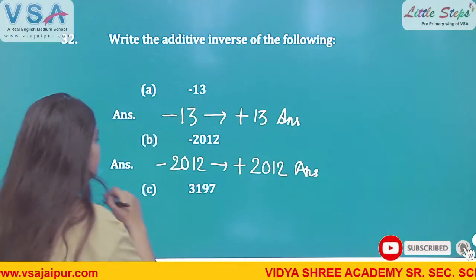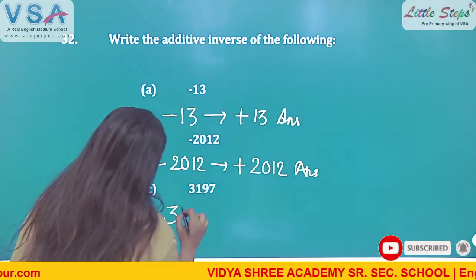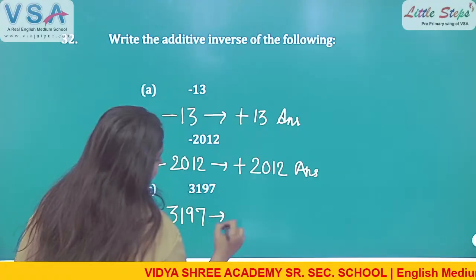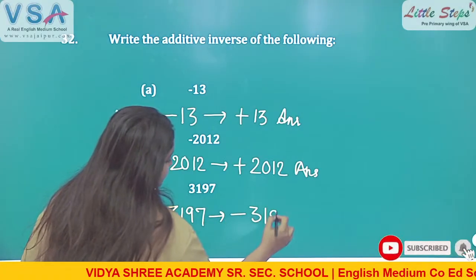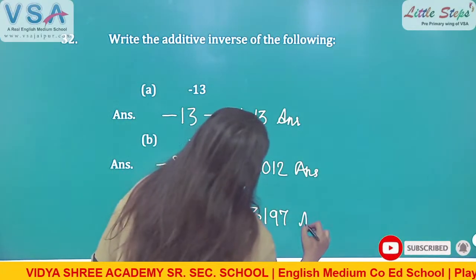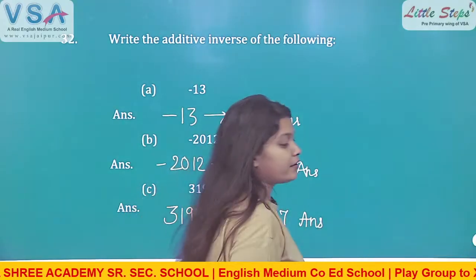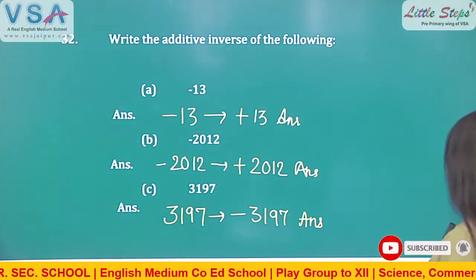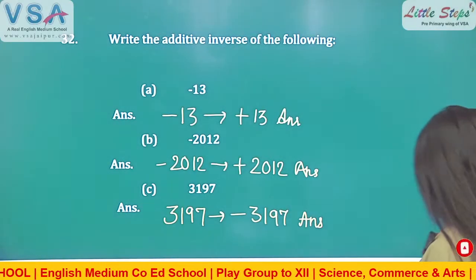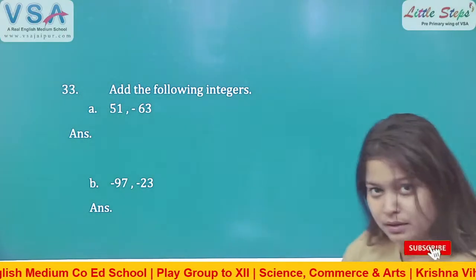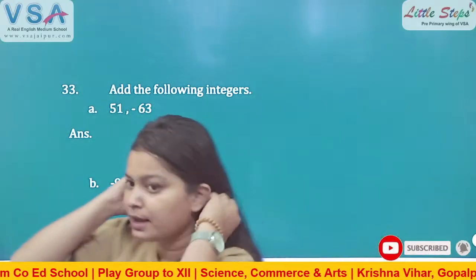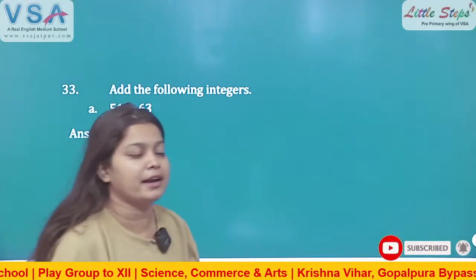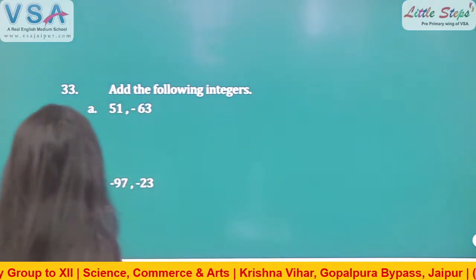And in the third, 3197 will become negative 3197. The sign will be the opposite; positive will become negative, negative will become positive.